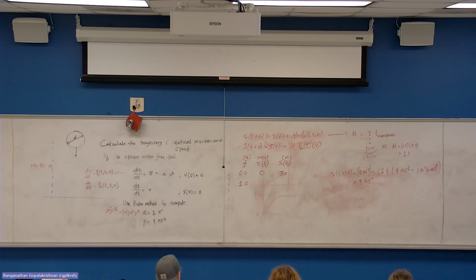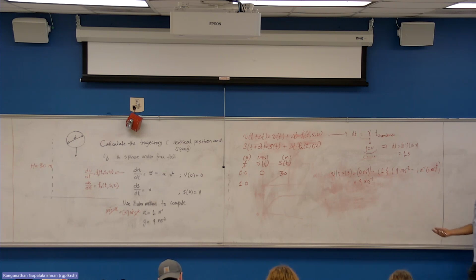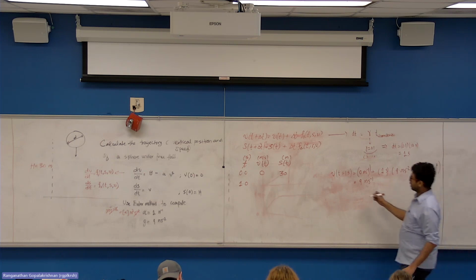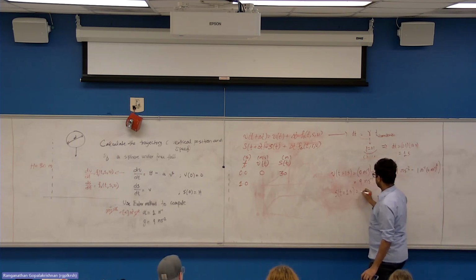Which makes sense, right? That's what acceleration is, which is how much speed you pick up in 1 unit of time. So in 1 second, you would pick up 9 meters per second. Okay. And then the position after the first second: s at t equal to 1 is s of 0.